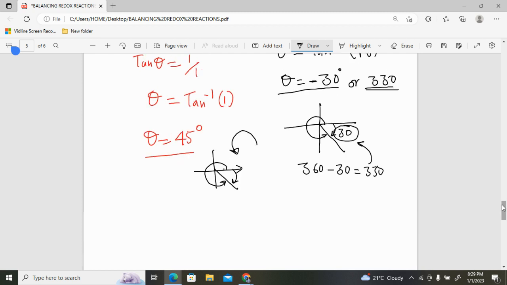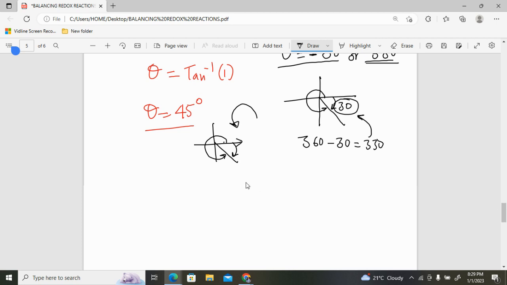Now, as you get to read some books, they are going to tell you the argument should be given between negative 180 is less than or equal to theta, which is less than or equal to 180. That means don't give a value that is greater than 180.